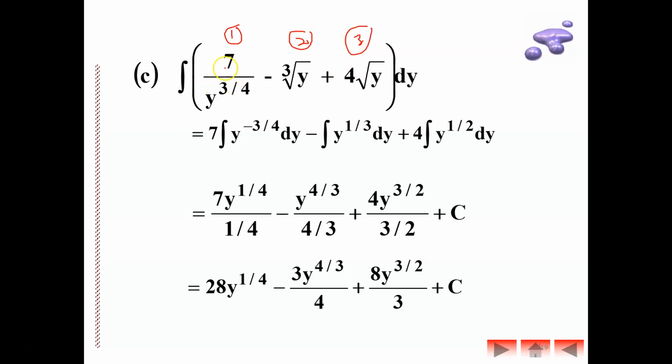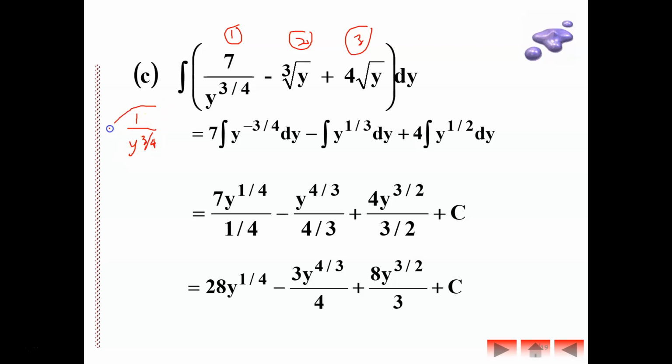So again, what is your constant over here? 7. So 7 is a constant, you put it at the front. So the remaining, you have 1 over y to the power of 3 over 4. Since 7 you already put at the front, so what remains is just this, right? y to the power of 3 over 4.